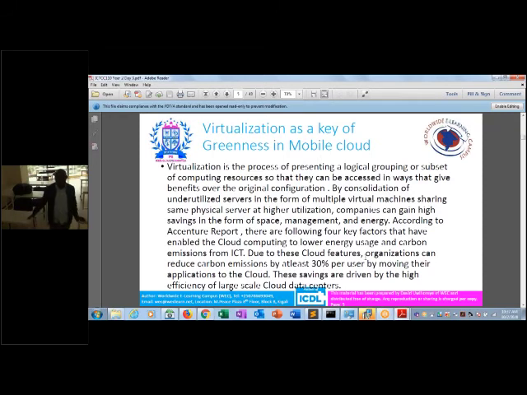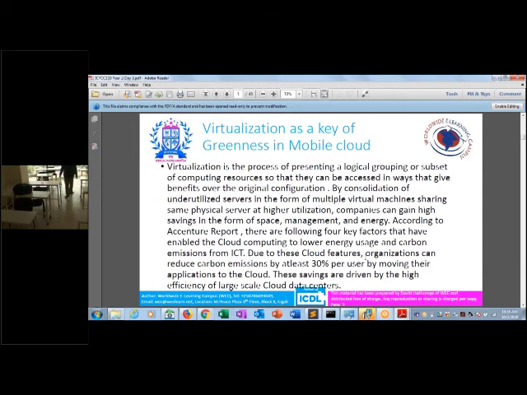So by consolidation of underutilized servers, underused servers, for example a server that is being used 20%, and you need another server to perform another task, there is no need to buy another server. You can create a logical, virtual server from an existing one.